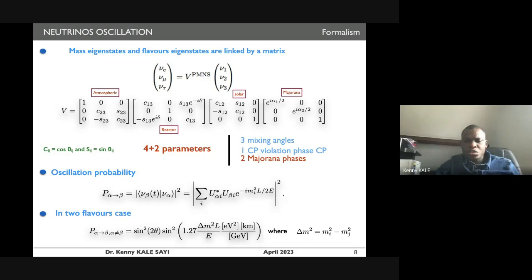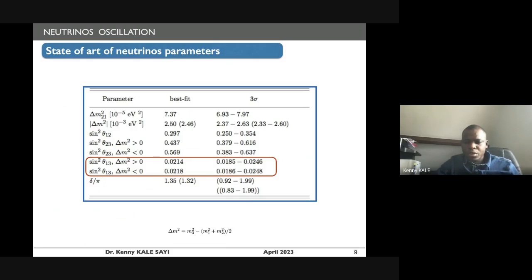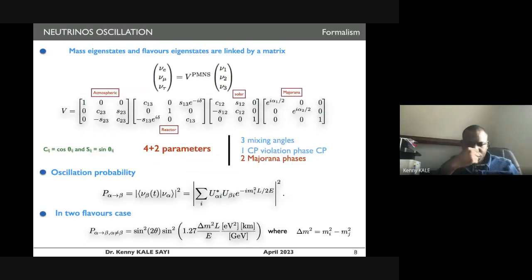But what I want you to see is the bottom equation, the last equation of this slide. This last equation gives you the probability that a neutrino with a specific flavor changes into another flavor.